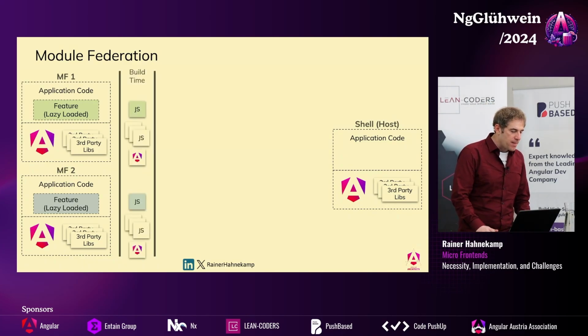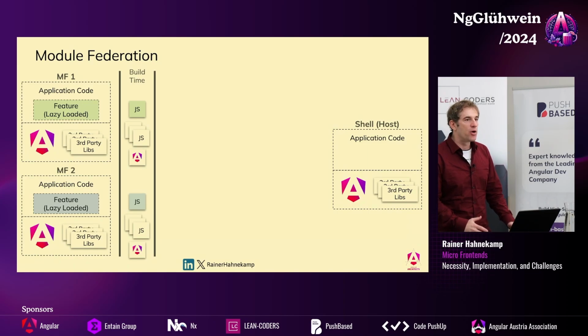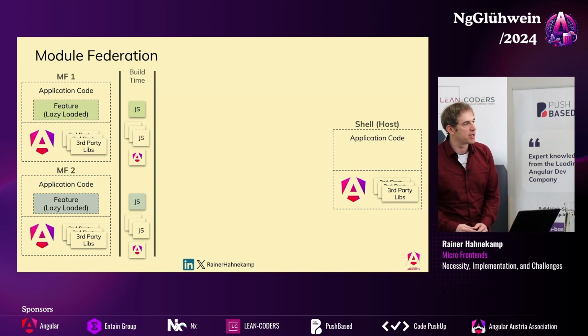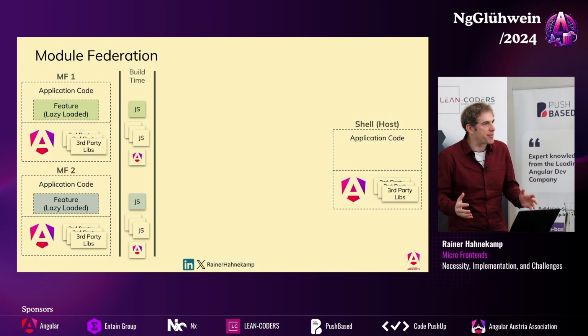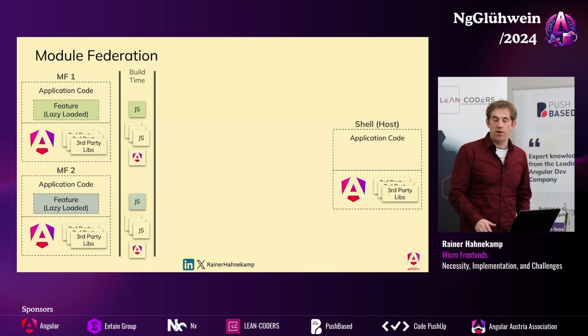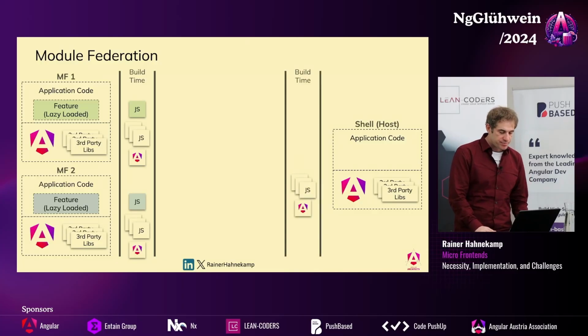And then we start with the compilation. Because the feature is lazy loaded, we get one JavaScript file which only contains the application code for this feature. If it's using NgRx or something else, then the third-party libraries will end up in another JavaScript bundle, which you see here in white color. The Angular framework, of course, is also part of it, but not of the lazy loaded feature bundle.